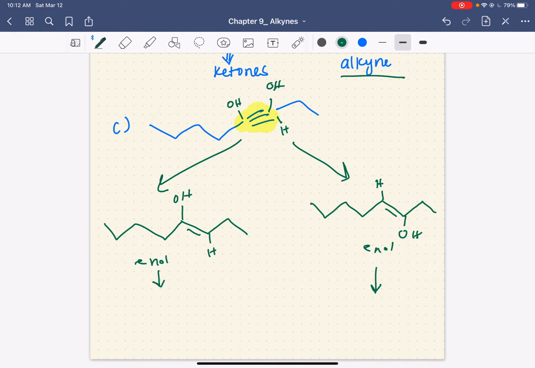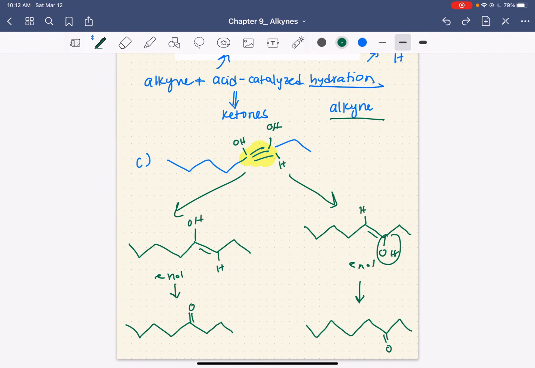This one's going to give us a product that looks like this, and this is going to give us a ketone that looks like this, because that's where the alcohol turns into a ketone.